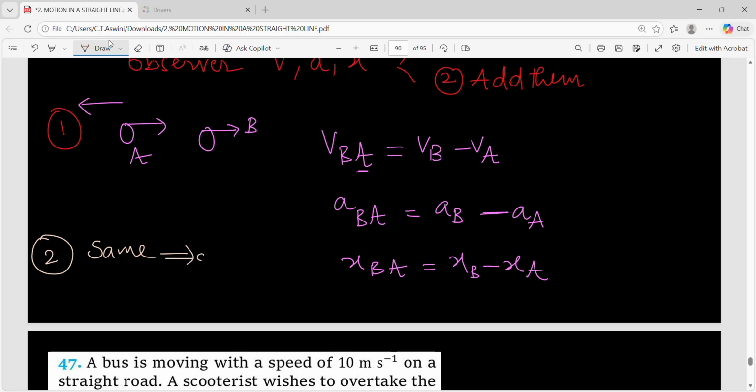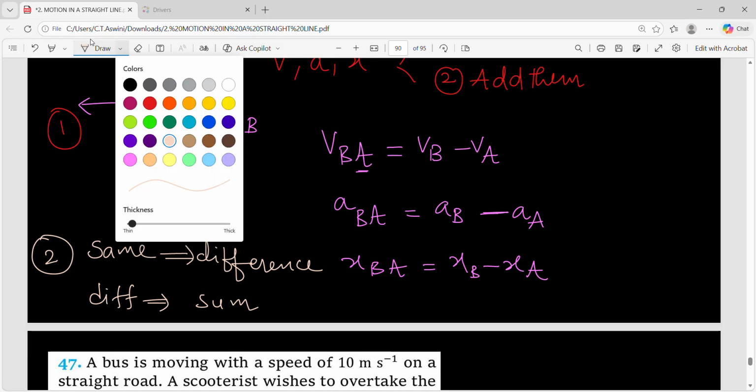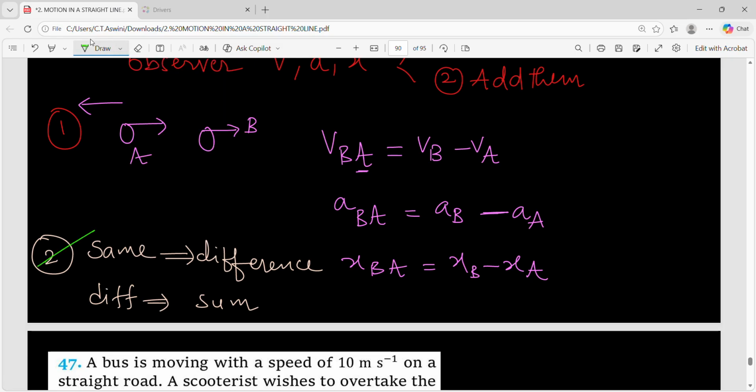If both the objects are in the same direction, take the difference for relative velocities and relative accelerations. If objects are in different directions, then take the sum of their parameters, like the sum of the speeds, sum of the accelerations, and sum of the displacements. Clear? For 1D, the second point is enough.